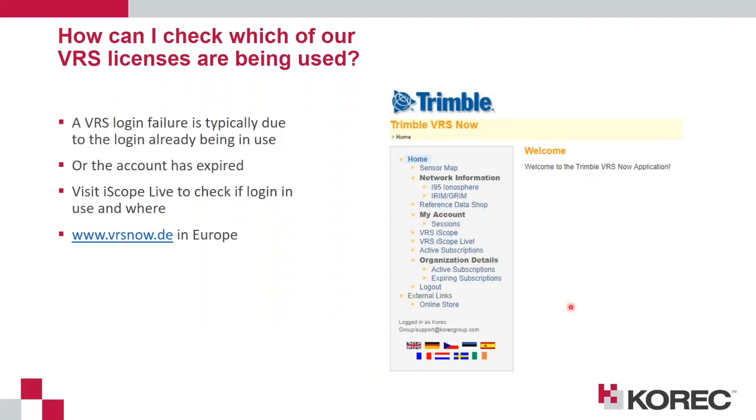So the quickest way for someone to check whether the VRS license is already being used is to visit the iScope Live webpage. And in Europe, it's going to require you to visit www.vrsnow.de and logging into that page with your VRS account master email address and password.